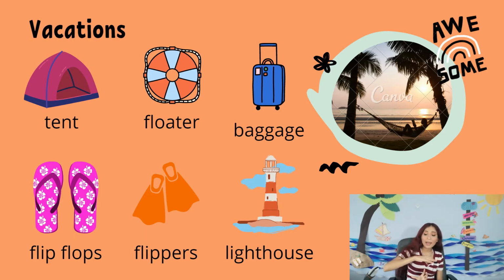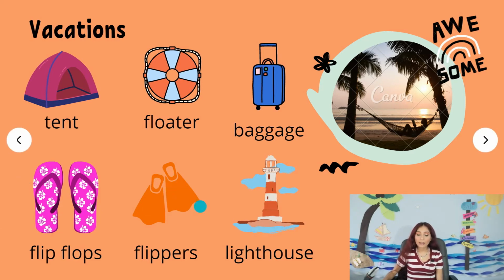It's all the baggage, all the clothes, and all the stuff, your accessories, all the things that you are taking, okay? In some countries, it is called luggage. In some countries, it is called baggage. Then we have flip-flops. Nowadays, they are most likely called sandals, but their real name is flip-flops.